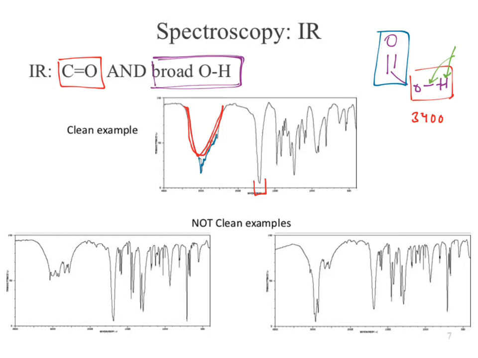If we move to the bottom ones, what happens? The one to the left isn't too bad. There's still kind of a nice peak there. The one on the right is in there, but it becomes less apparent.